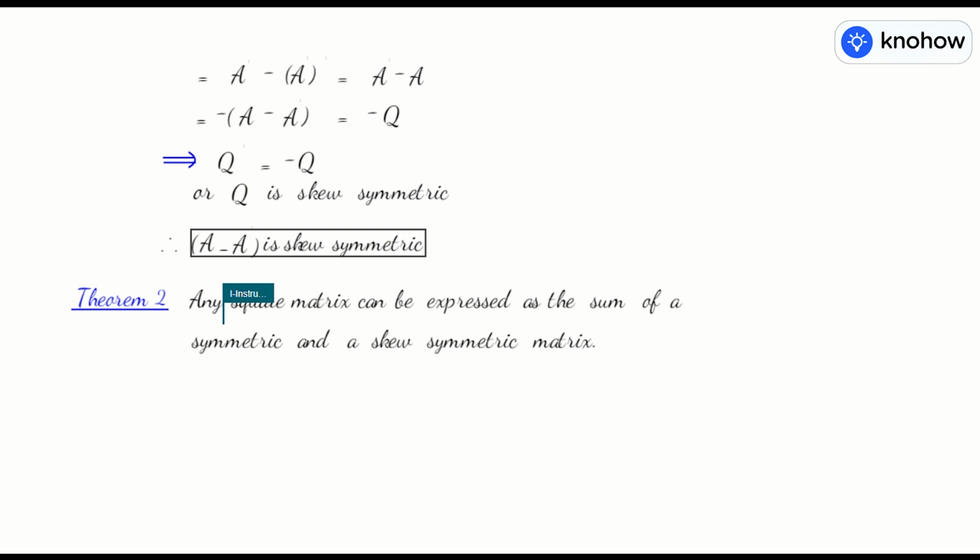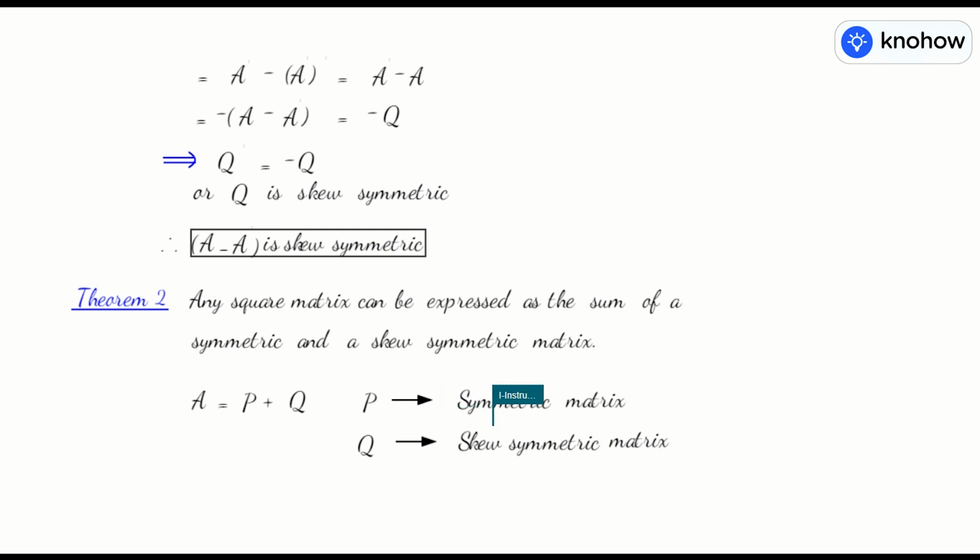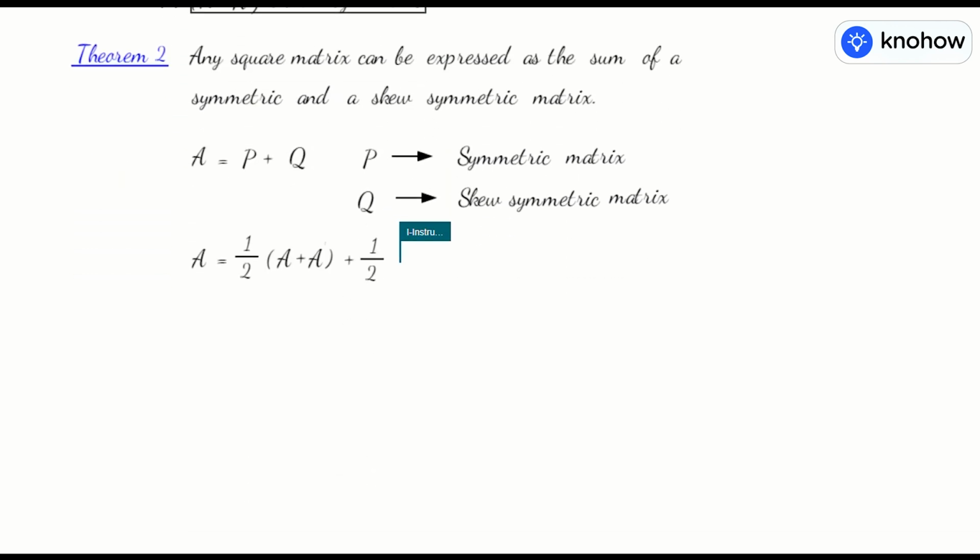A can be expressed as P plus Q, where P is a symmetric matrix and Q is a skew symmetric matrix. And it will be easy to see that A can be expressed as half (A plus A dash) plus half (A minus A dash).